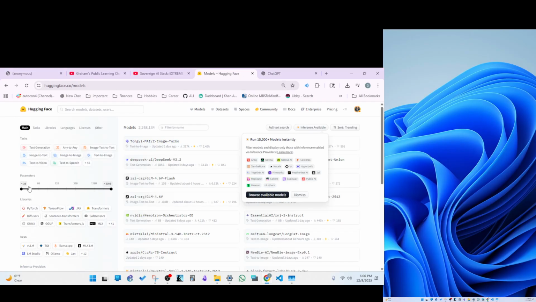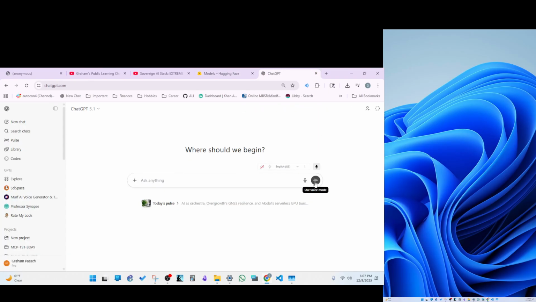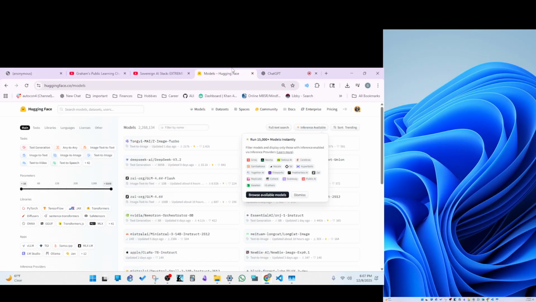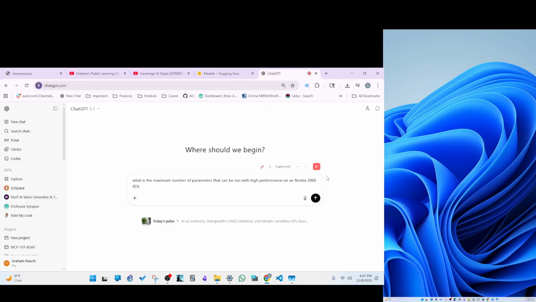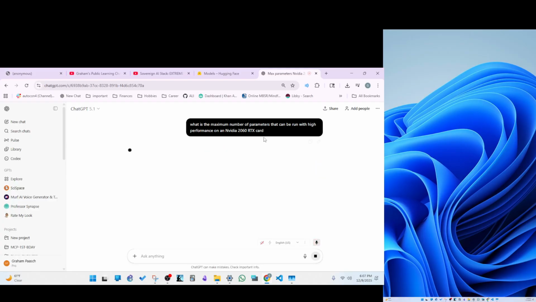So we can filter by parameters. What is the maximum number of parameters that can be run with high performance on an NVIDIA 2060 RTX card? So this is the card I have in now.